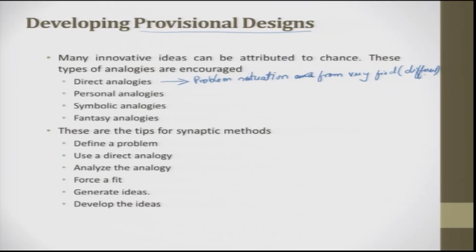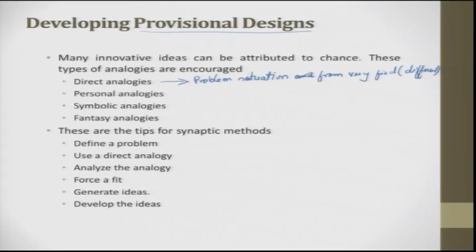So, now you are trying to compare, or you can take hot and put fire and say, okay, this food item is very hot. So, you can put an analogy even with respect to fire. So, here what is happening is you take an analogy from a problem situation from a very different field and try to link it with your thing.